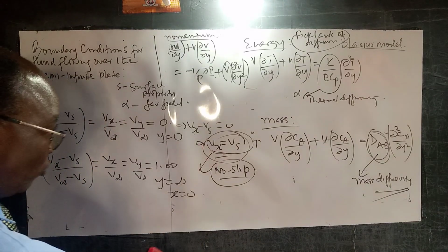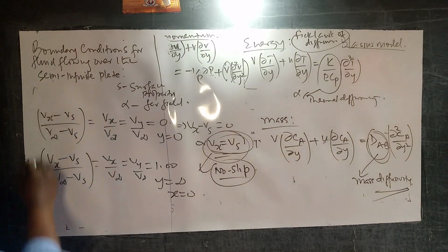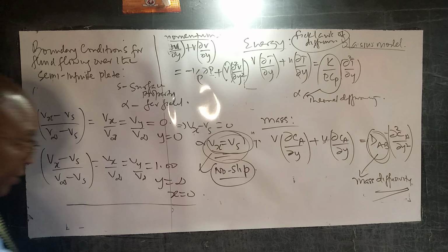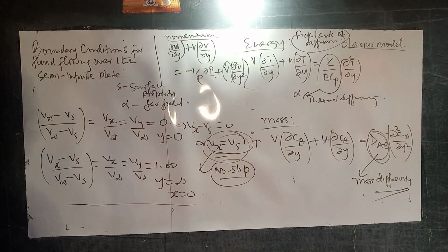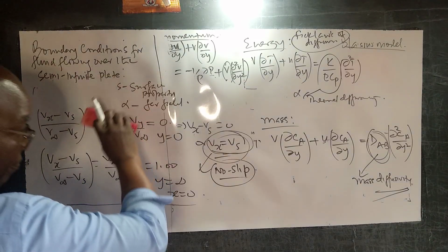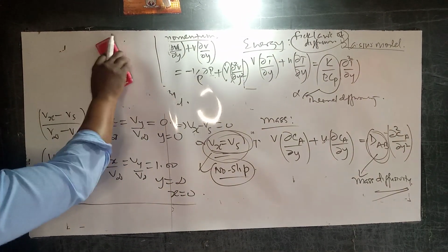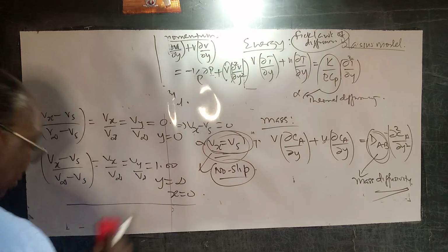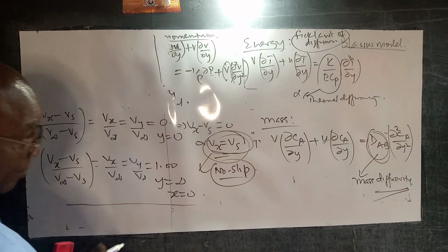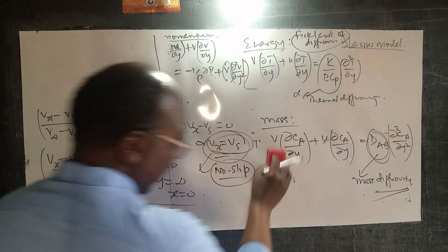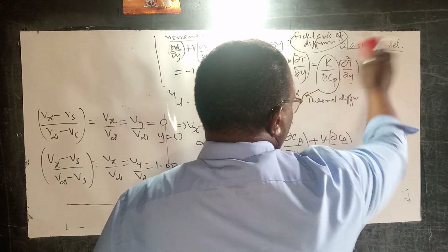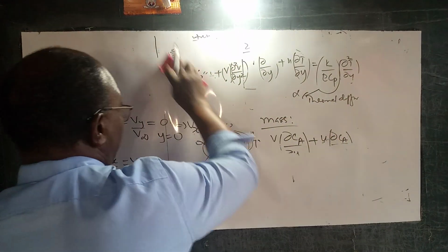Now, using the same basis for the momentum, for the mass boundary conditions, and similarly for the energy boundary conditions, I think we can now remove that to create space for ourselves.